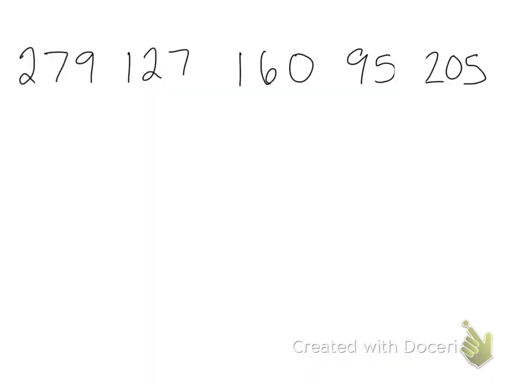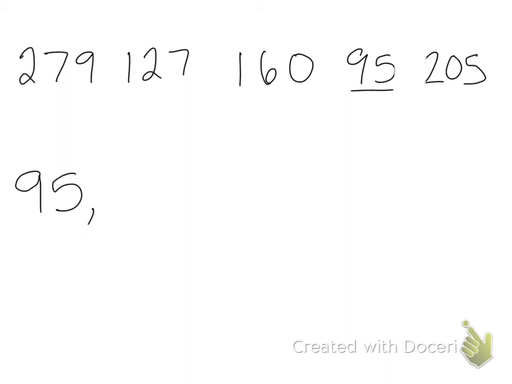I'm going to do it with these numbers here. So if I look at them, how do I put them in order from least to greatest? I need to start with the smallest number. Okay. So my smallest number is going to be 95 because I don't have any hundreds in this one. Okay, now I need to look for the next smallest number. So to do that, I'm going to look at the hundreds place value and see which one has the fewest.